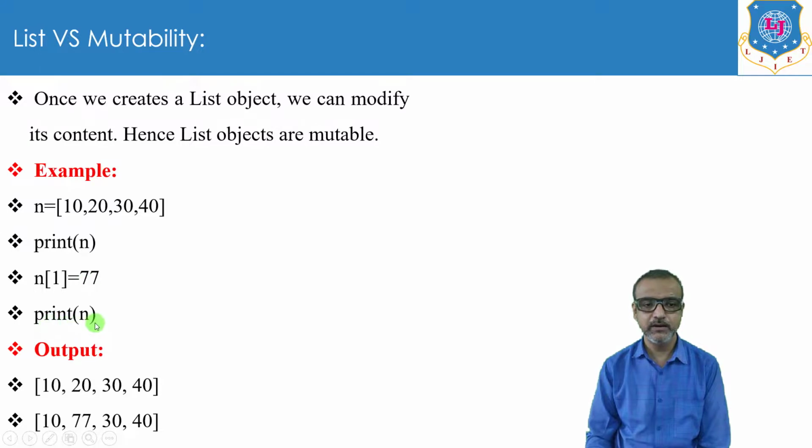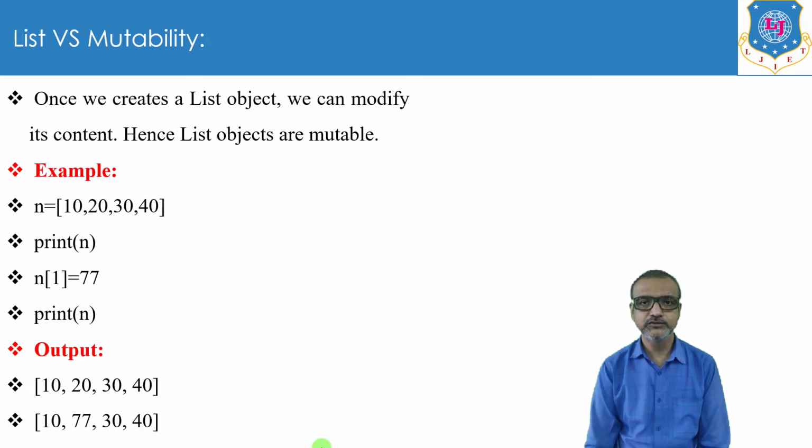And if you print n, it will give you the output 10, then 20 replaced by 77, then 30 and finally 40. So what is the output? For the first print n statement, we have this list, that is 10, 20, 30, 40, and for the second print n statement, we have 10, 20 replaced by 77, then 30 and finally 40.